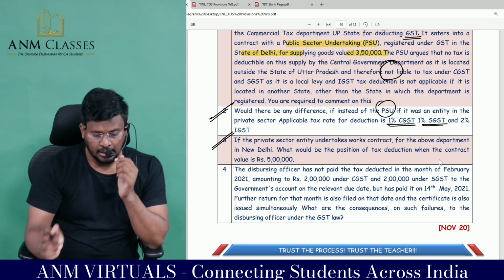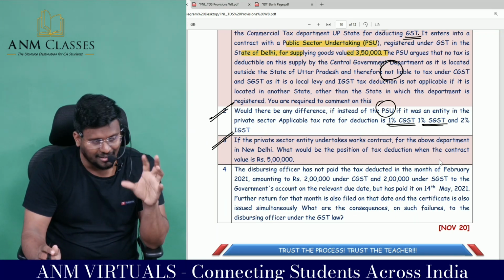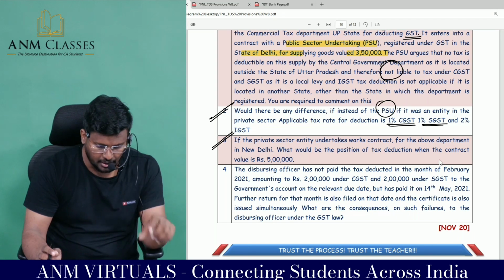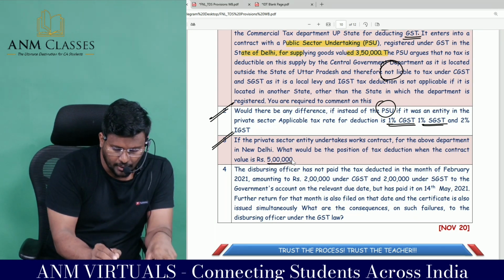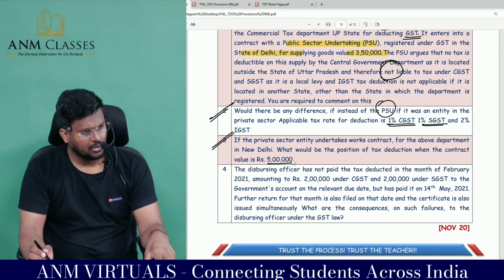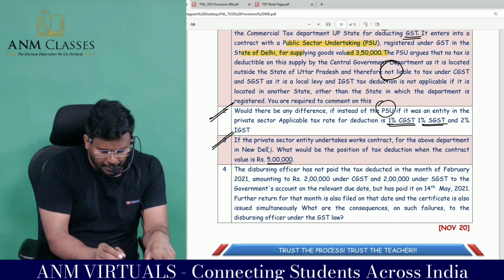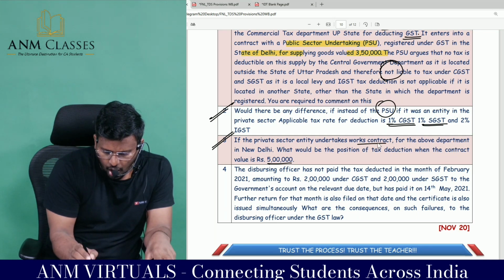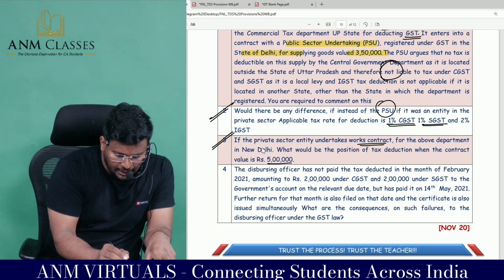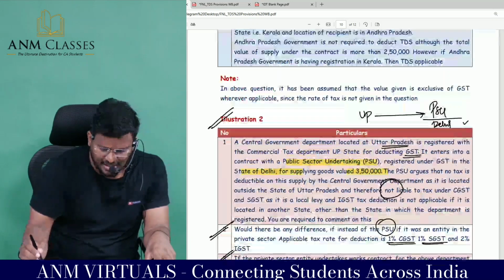If the private sector entity undertakes a works contract for the above department in New Delhi, what would be the position of tax deduction when the contract value is 5 lakh? Sir, private sector entity, for the above department works contract in New Delhi, where is the supplier situated?